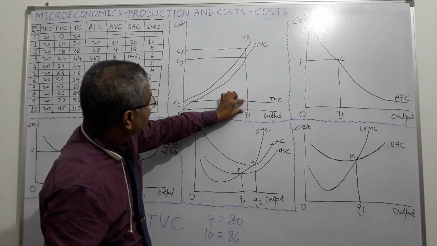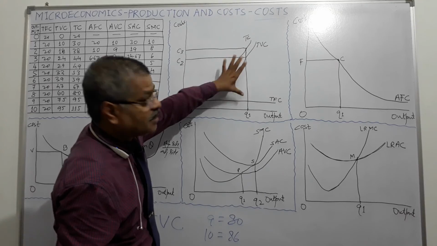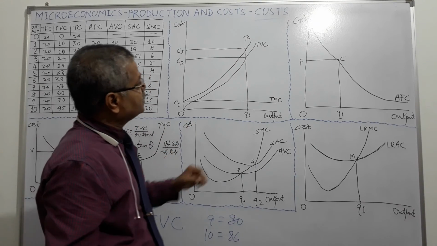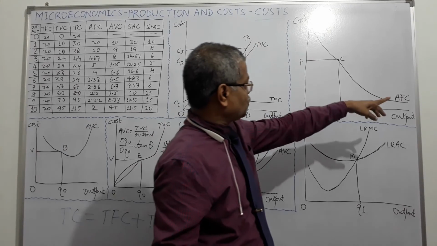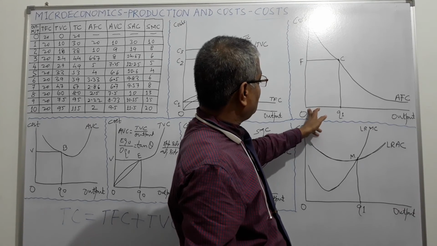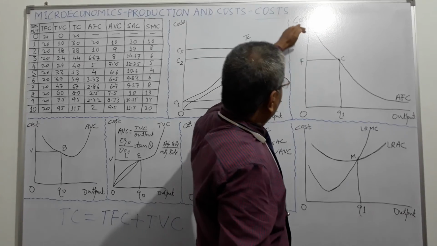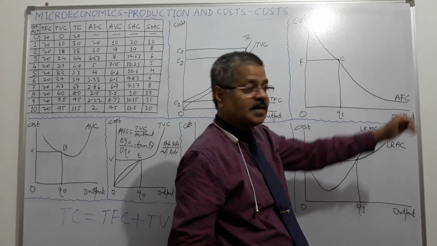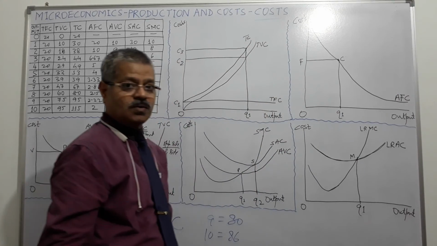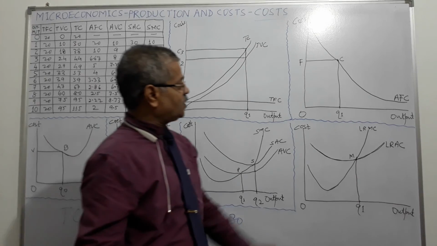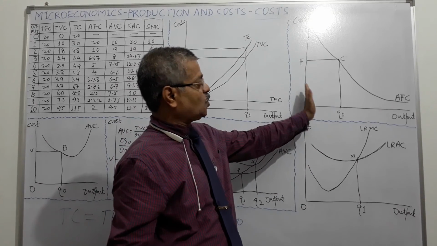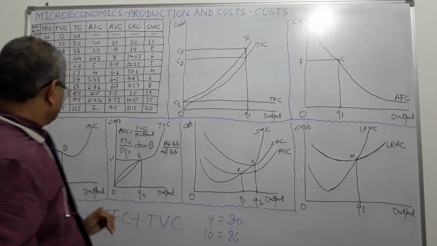Total fixed cost plus total variable cost, right? And here we have seen average fixed cost. At the lowest level of output, average fixed cost is the highest, and as output increases, average fixed cost goes down. So total fixed cost is equal to average fixed cost into quantity produced.